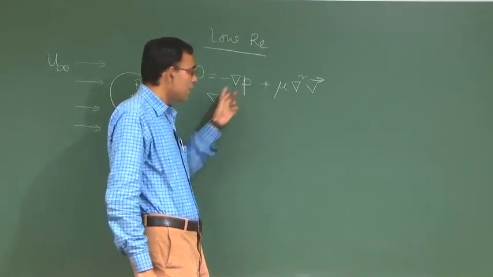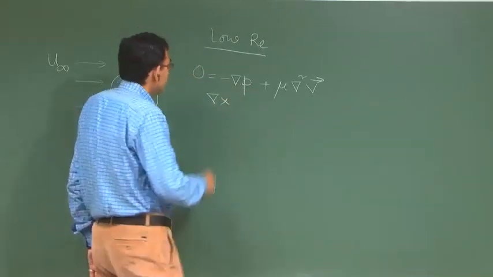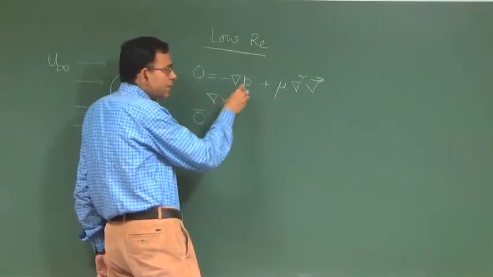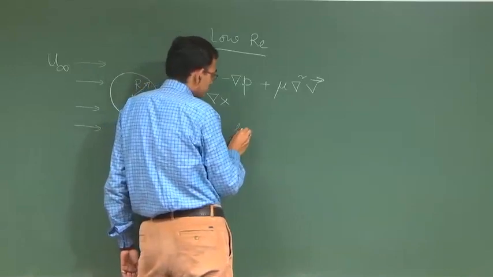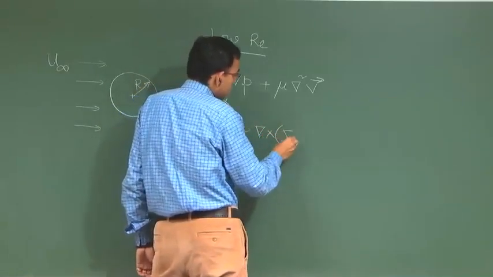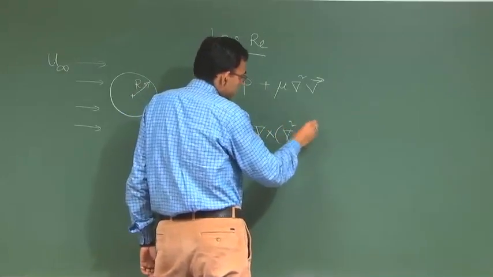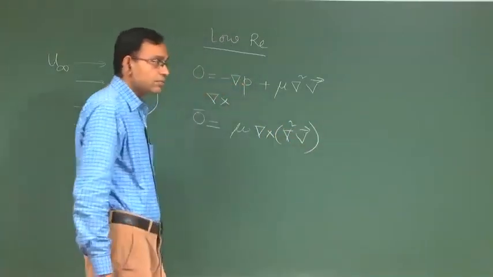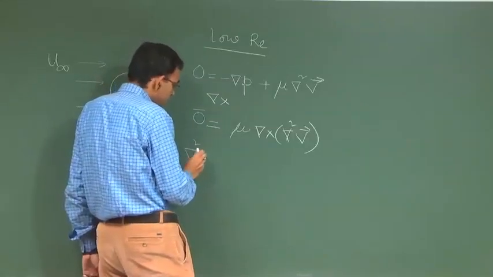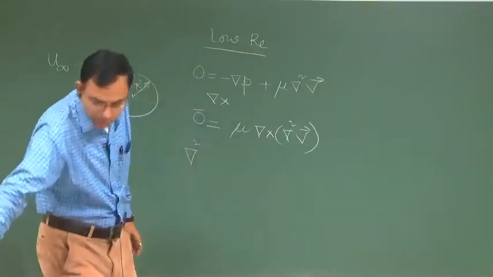So this will become a null vector. Now we will use this vector identity.